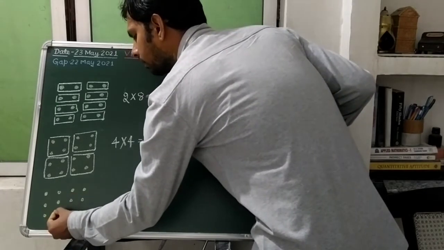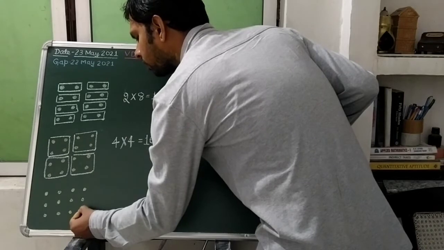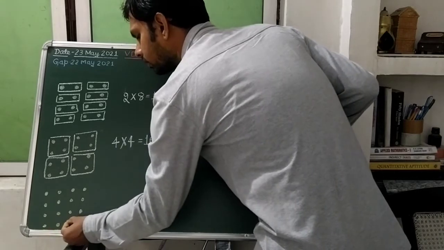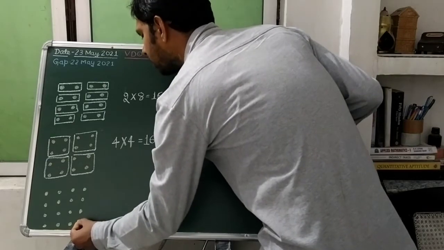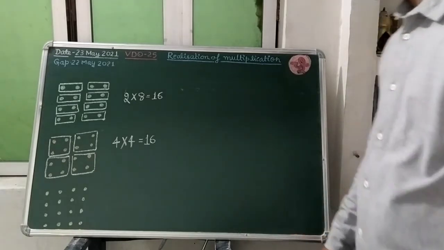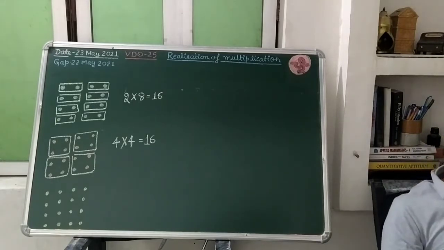Why are we not grouping them in 3 dots? So let me draw once more these 16 dots. Okay. And now try to think to group them in 3 dots, students. Try on your pen and paper, or in your mind also you can group them in 3 dots. One group will have 3 dots.